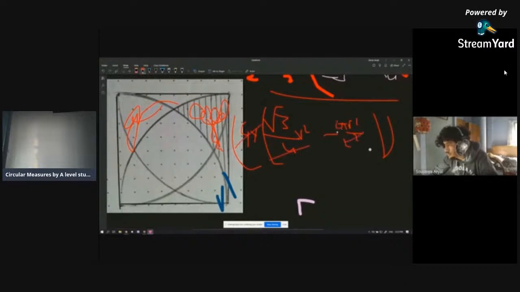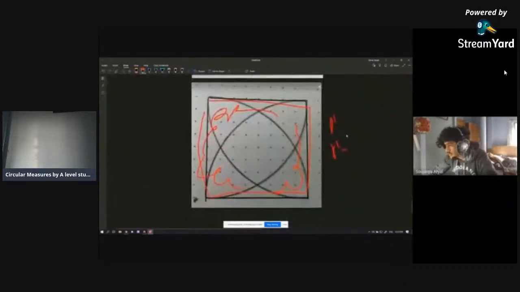So 4, this will be 3. So that's root 3 r square minus 3 r square pi by 3 r square. So putting that in this equation to find the final area, we would just have r square minus root 3 r square minus pi by 3 r square.